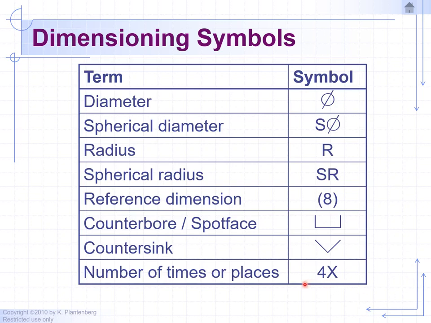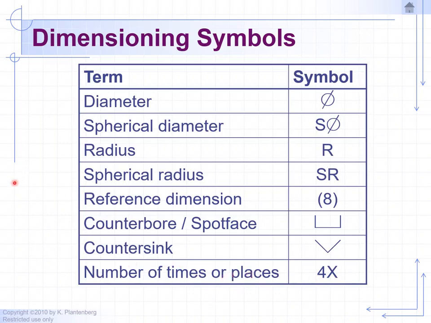If you're dimensioning a hole, if we go back to the first symbol, diameter, if you have a hole that's 1 inch in diameter, but there's a pattern of 4 holes with the same size, then we're going to use 4x, telling us there's 4 of them. In an old drawing, you'll see 4 places.